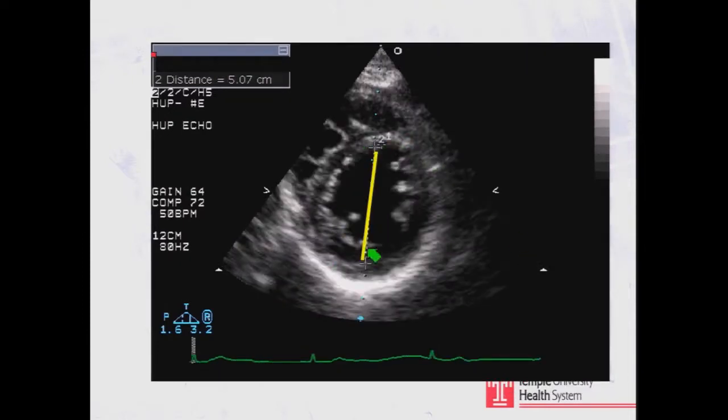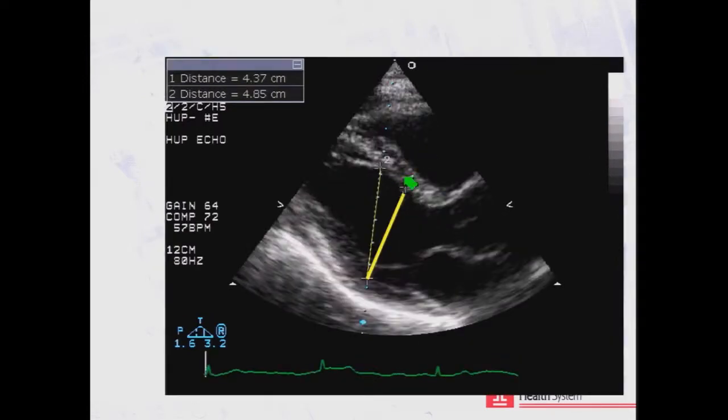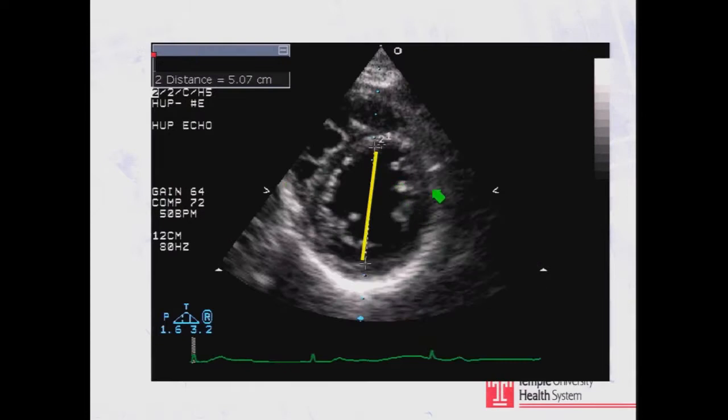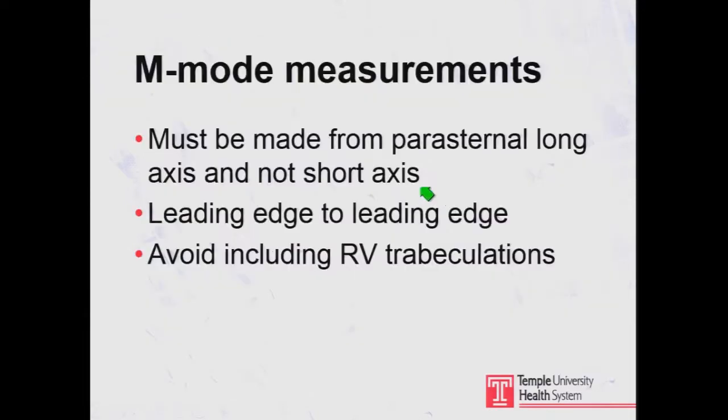In addition, if you measure from the short axis, you don't know that you're obliquely cutting the LV, and so the measurement should be made from the parasternal long axis rather than the short axis. And you see here, in the same patient, we get 5.1 when we measure from the short axis, and so that's incorrect.